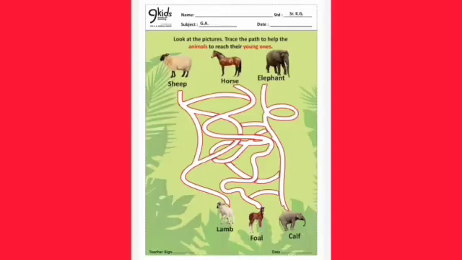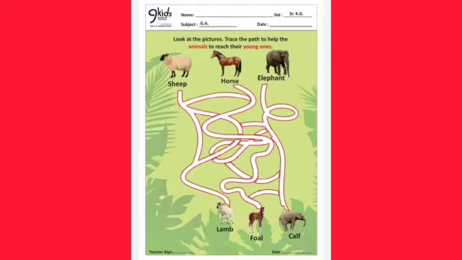In this worksheet, we had to trace the path to help the animals to reach their young ones. So let's start. The first animal is sheep. S-H-E-E-P, sheep. So kids, the young one of sheep is lamb.